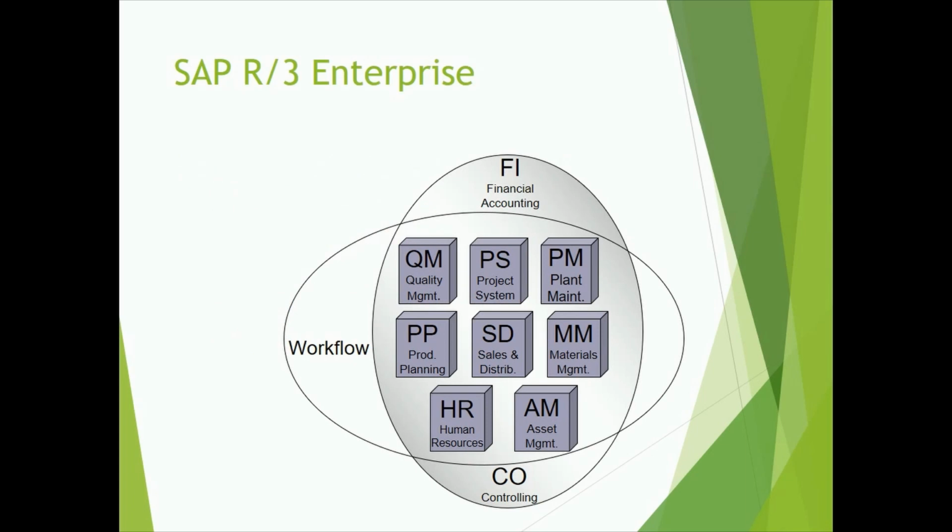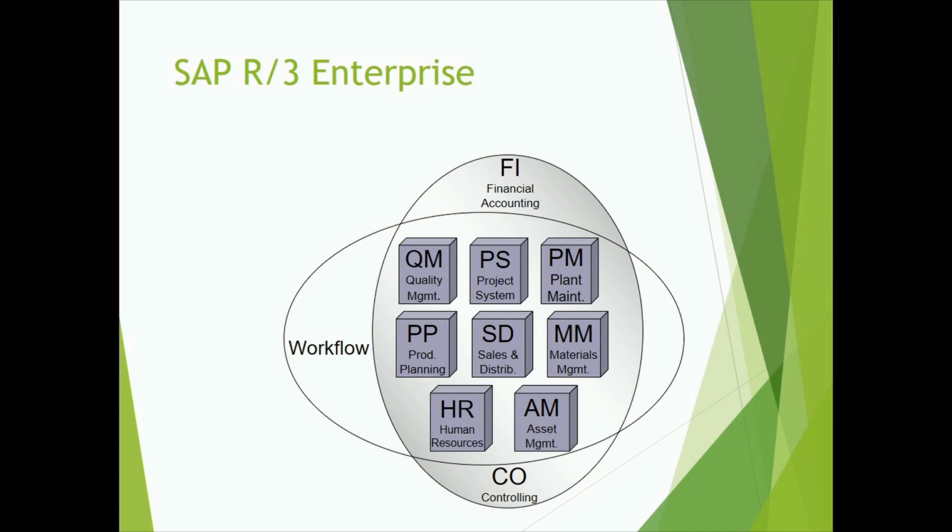So basically SAP ERP is an R3, 3-layer enterprise system. Like you can see in this diagram, it has modules related to every department or function in any kind of business firm, corporate sector or multinational office.